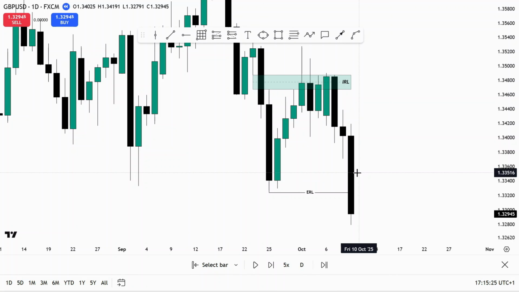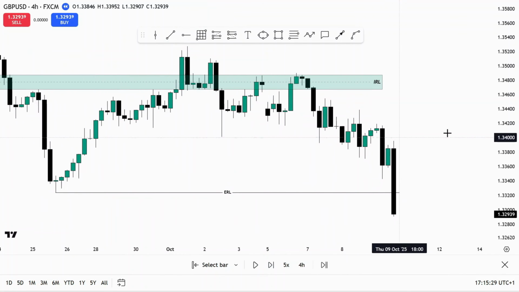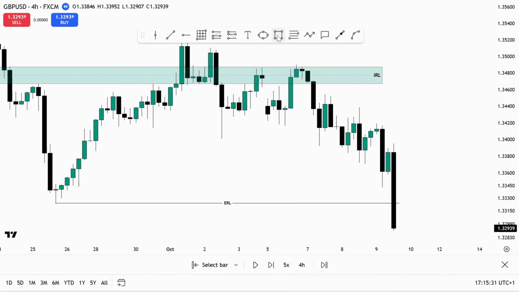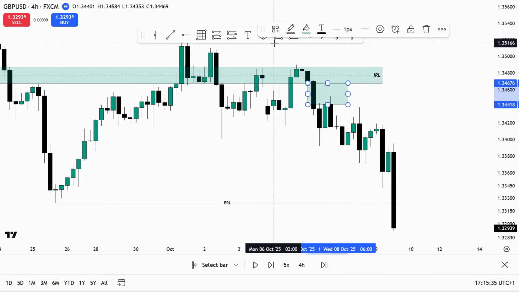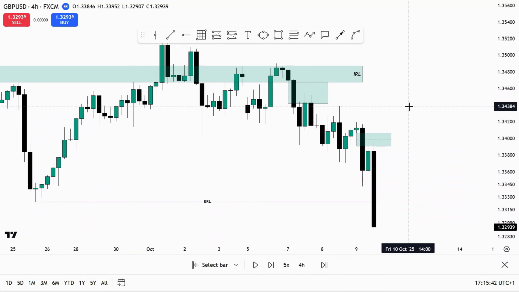For example, on the 4-hour time frame, we can clearly identify a 4-hour internal range liquidity here. We can also see another 4-hour internal range liquidity forming right here as well. Each of these areas presents a continuation opportunity within the broader higher time frame cycle.